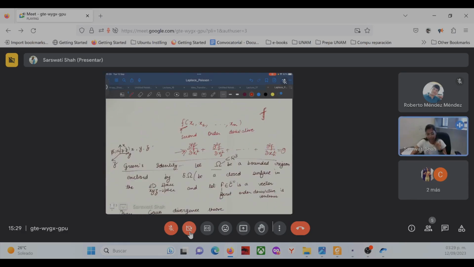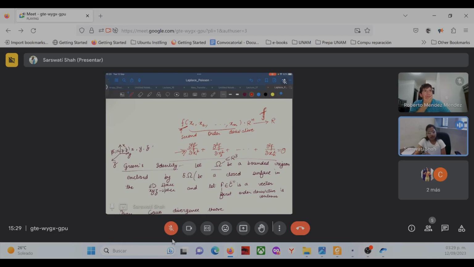Yeah, so I was saying that f is a harmonic function. Suppose f is a function from Rn to R. Its coordinate is coming from Rn and it is a scalar function, so it goes to R. So f will be a harmonic function if the summation of the second order derivatives of f with respect to its coordinates is equal to 0.